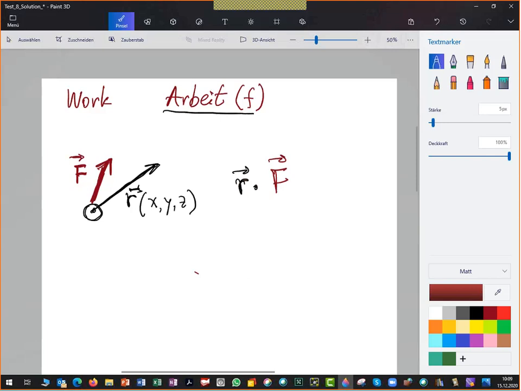So please notice that here we have scalar product. That means if we are talking about vectors, then in mathematics you would maybe write it like this. So x, y, z, and it will be multiplied as scalar product to some F_x, F_y, F_z.